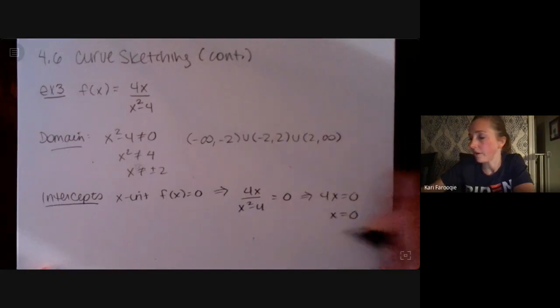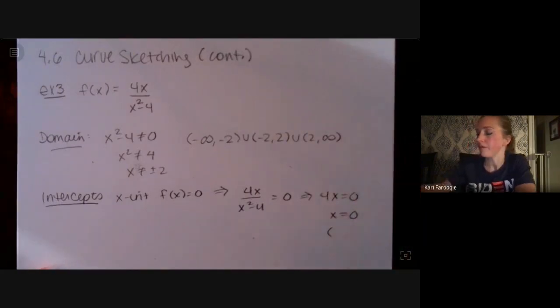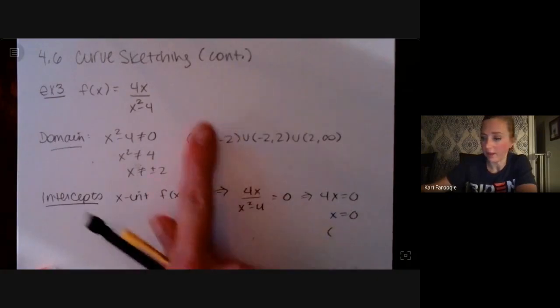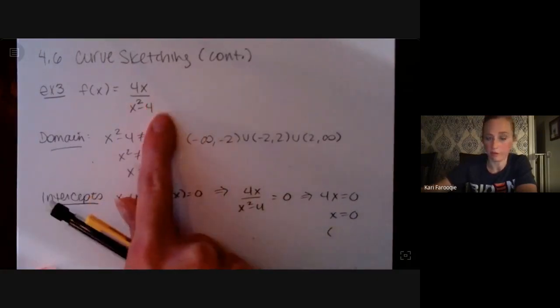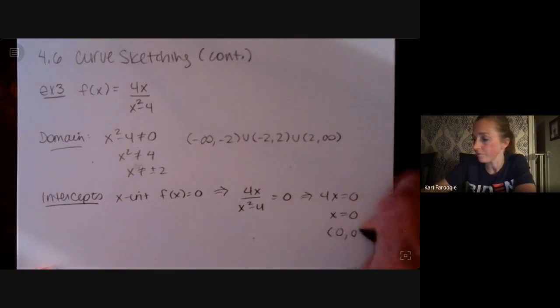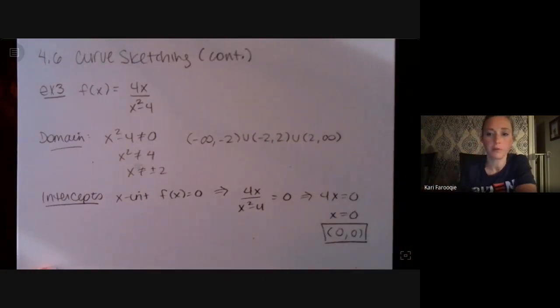In this case, that means x equals 0. If x equals 0, f of 0 is also 0. So you end up with an x-intercept at 0, 0. Who knows? That might be useful to us. Maybe not. We'll see. Whenever y equals 0, x equals 0 in this case. So that's why we have this point 0, 0.